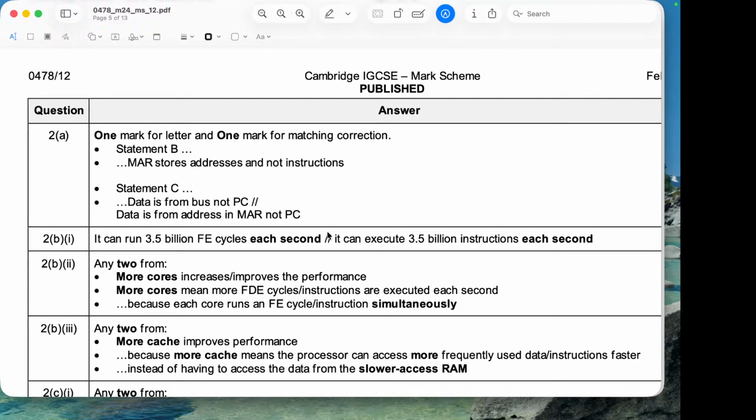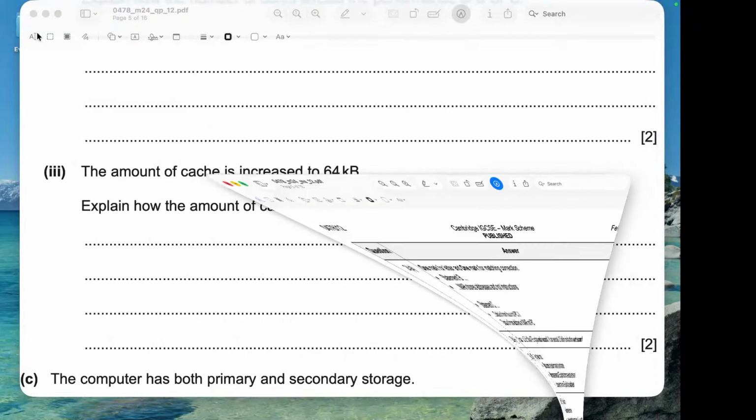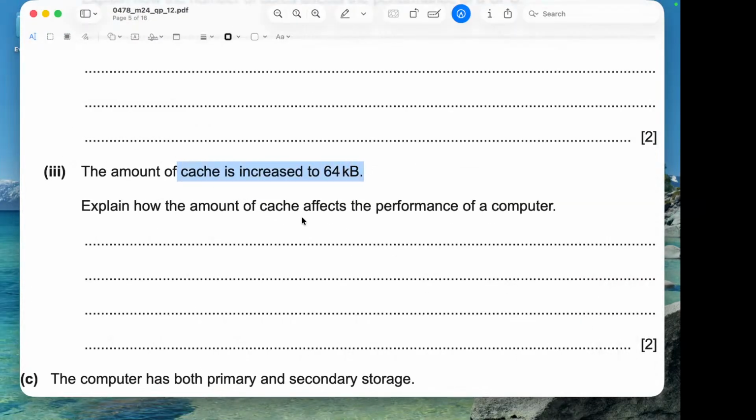Intel and AMD, who are the main other chip manufacturers for PCs anyway, it's taken them years to catch up. They have caught up, but one of the big improvements that Apple made to their M chips was they massively increased the amount of cache that their CPUs had, and that was one of the things that has made them super fast. There are other things as well, but that is one of the big things.